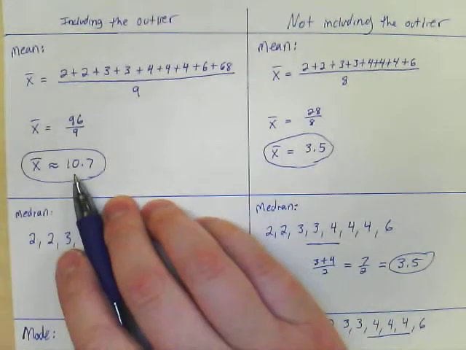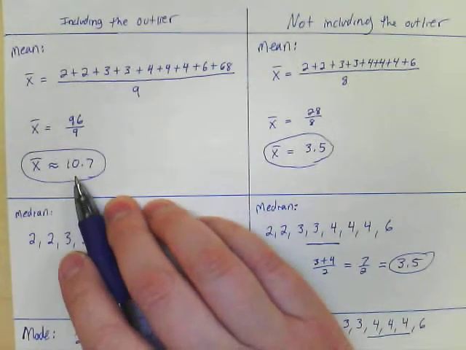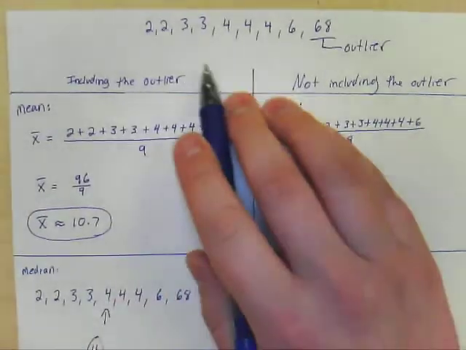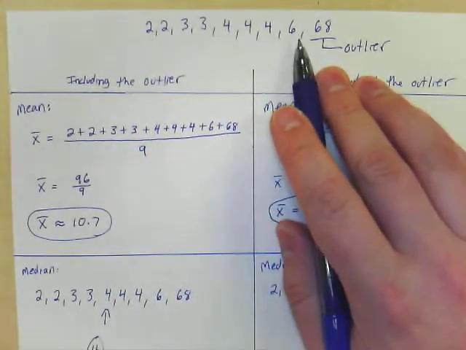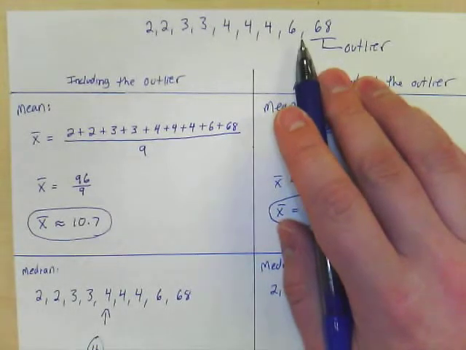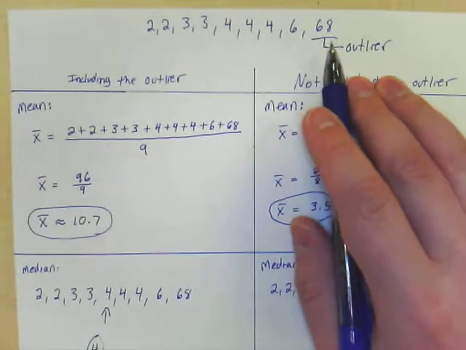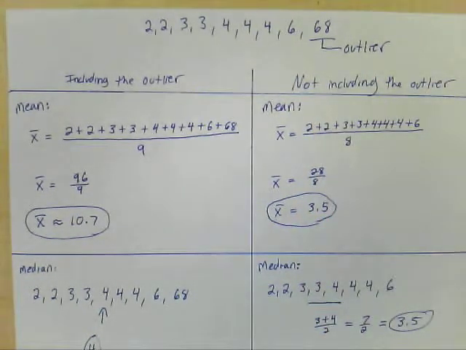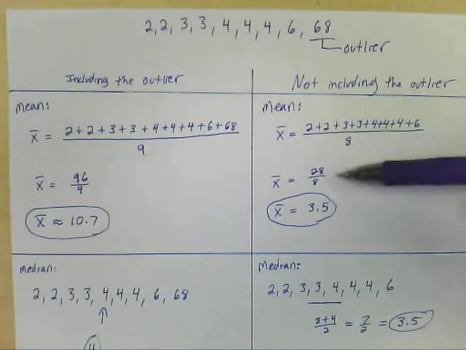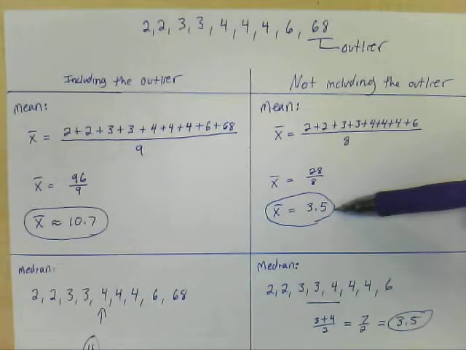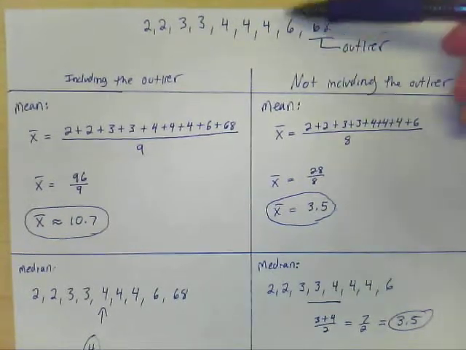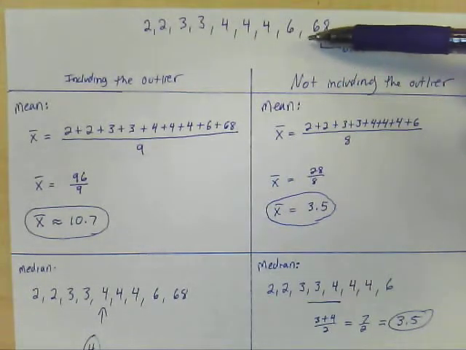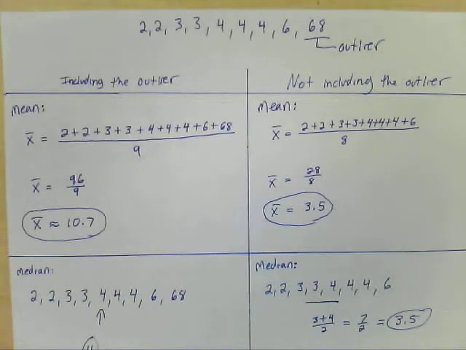If we say that the center of the data is 10.7, well, 10.7 is bigger than every single data point except for one. And so the average is really not a good measure of the center if we include that outlier. If we don't include the outlier, it's a much, much better representation of the data. So 3.5 is really a much better average for these data points if we don't include that outlier.